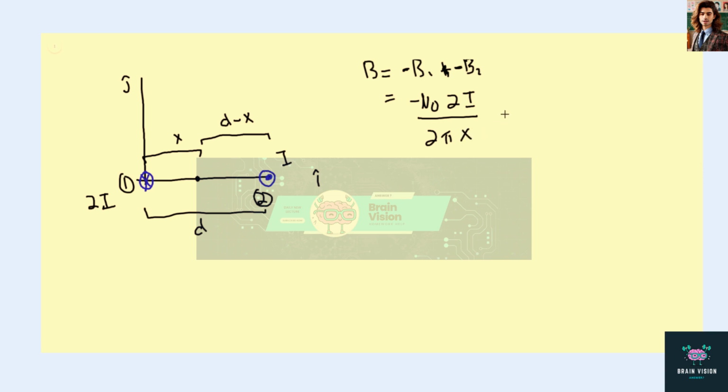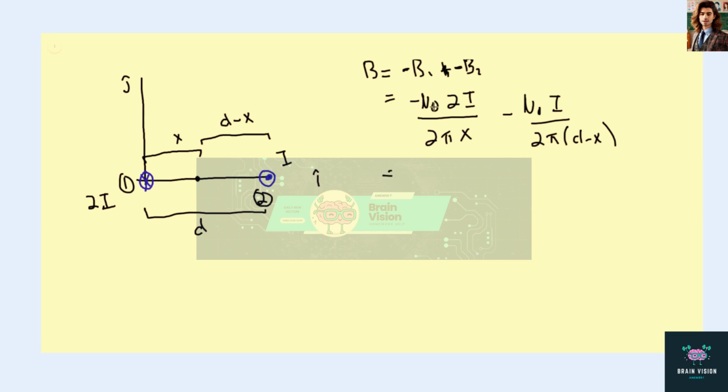And then for wire 2, we're going to have a minus again, and that'll be mu naught, just I this time, over 2 pi, and now the distance is d minus x. So d minus x there. This is an answer now, but we can probably simplify it a little bit more.